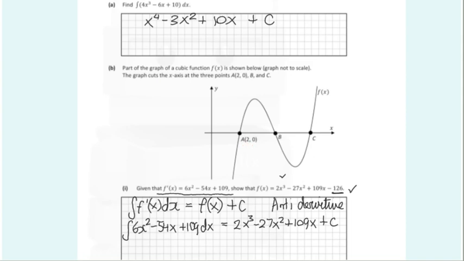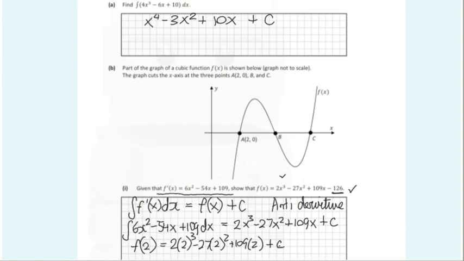Okay, so let's do that. So f of 2 is equal to, so substitute 2 in everywhere. So we get 2 by 2 cubed minus 27 by 2 squared plus 109 by 2 is equal to 0. And also we have a plus c in there as well.